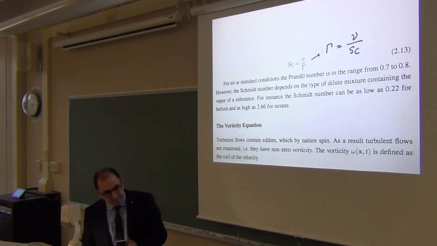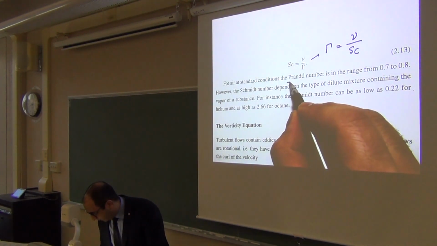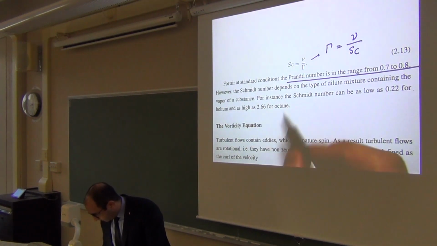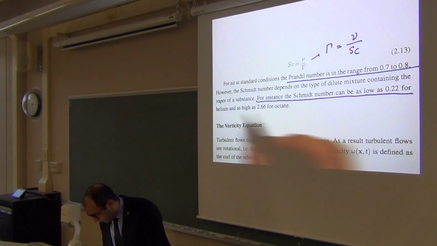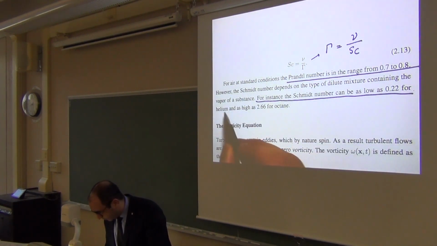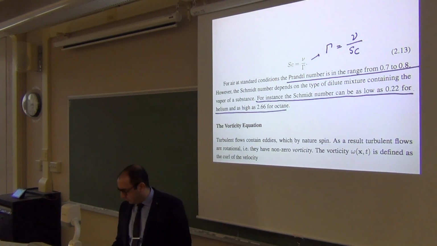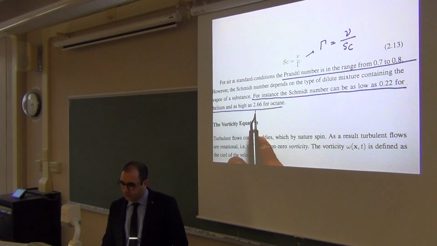So as I said, the Prandtl number is on the order of 0.78 for air, let's say. So is the Schmidt number. But it could change considerably given different substances. For example, for helium the Schmidt number is 0.2, but for octane it's 2.6.